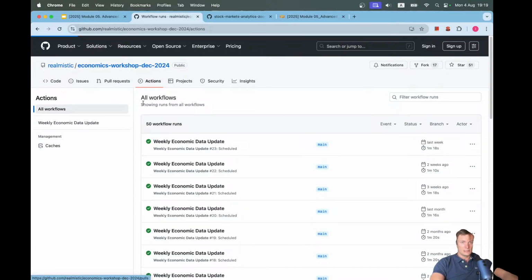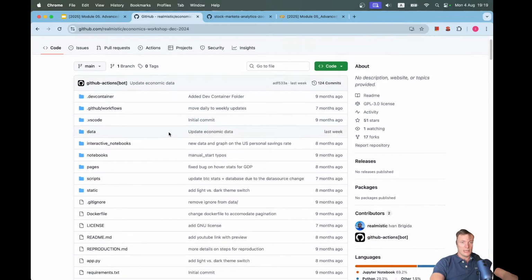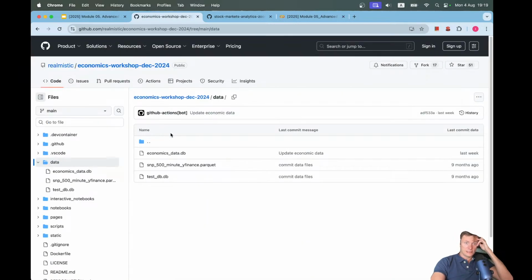The problem with this approach is that it saves all the data every week to this folder, and you see economics data DB, so it's a SQLite database, essentially one file. And if you wanna clone this project, you will clone all the versions of this database file for every week.